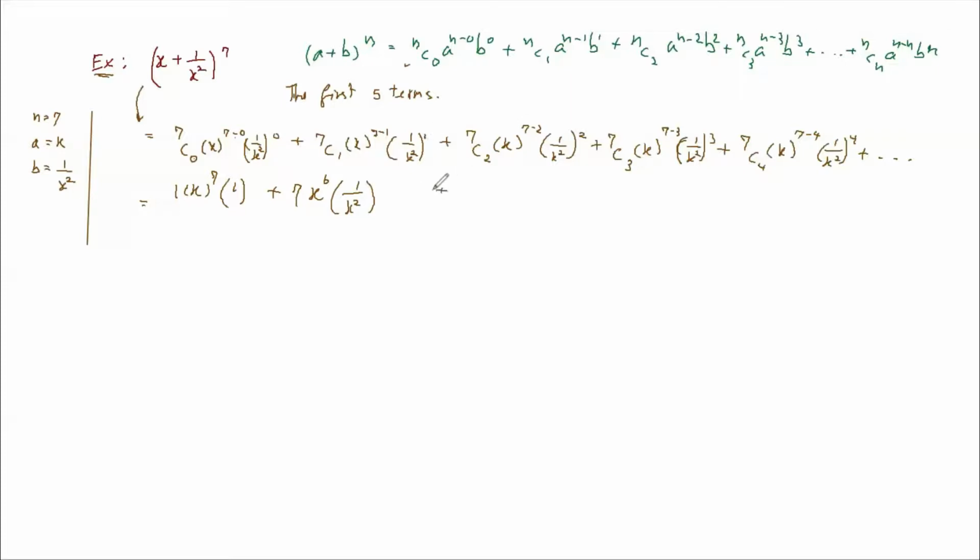Plus this term, then you use a calculator. 7c2 is 21, so you have 21 x, this one 7 minus 2 becomes 5, then times 1 over x power 4. Don't forget this one, power 4. Okay, this is important. This term has to be 1 over x power 4.